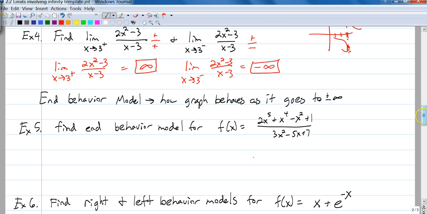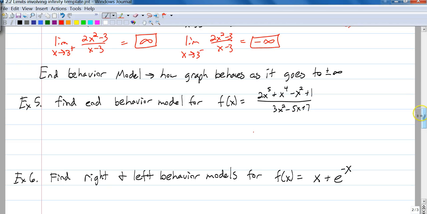All right. Finally, we're going to talk about end behavior model. It's basically how the graph behaves as it goes to plus or minus infinity. End behavior model has basically been our horizontal asymptotes from before for rational functions. But we can actually expand on this idea when it's not a horizontal asymptote.